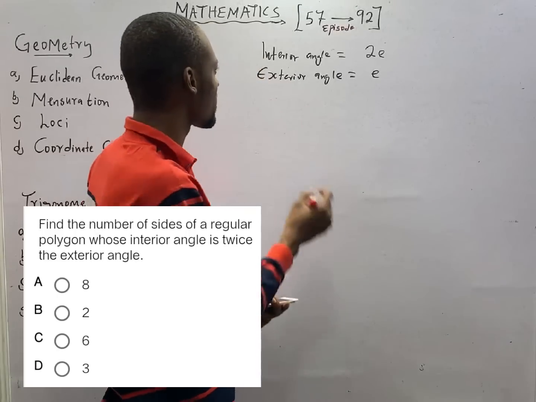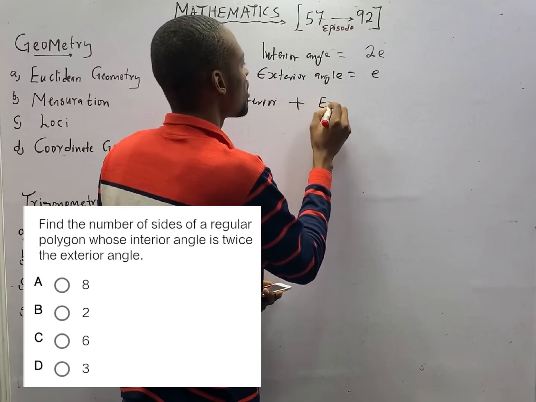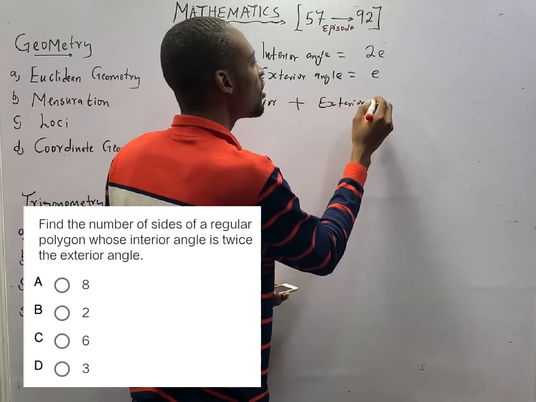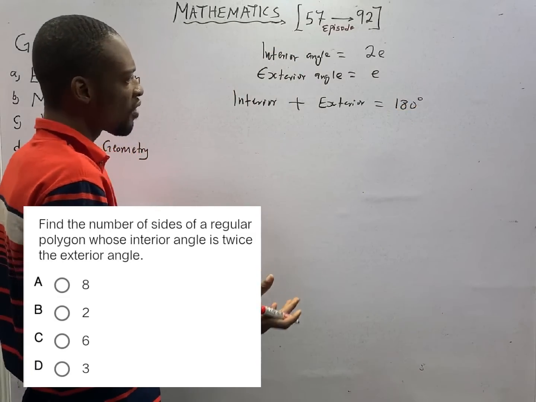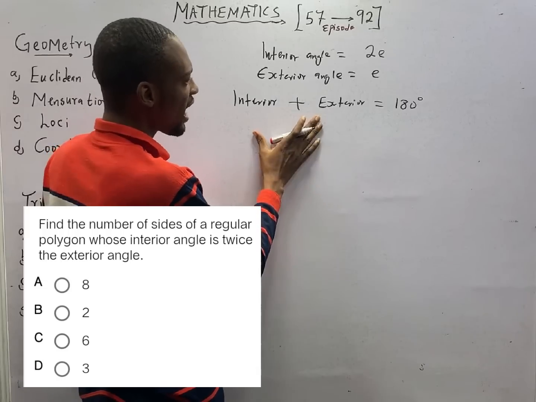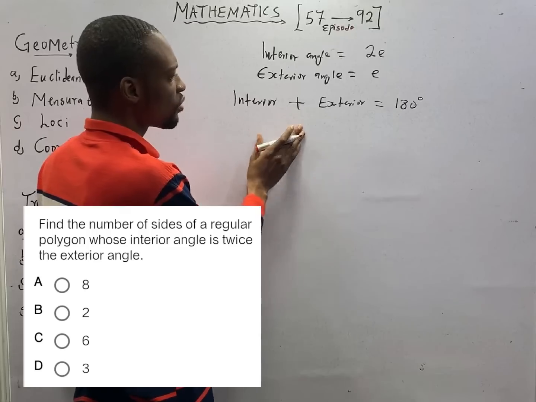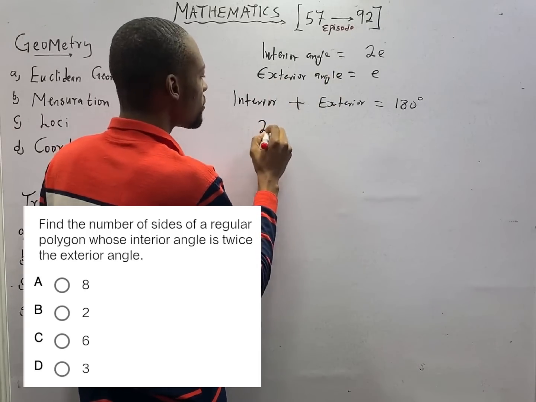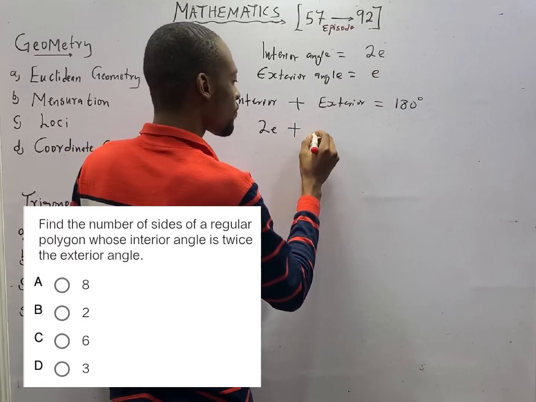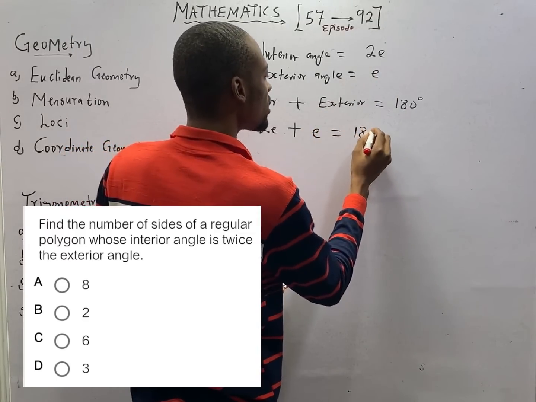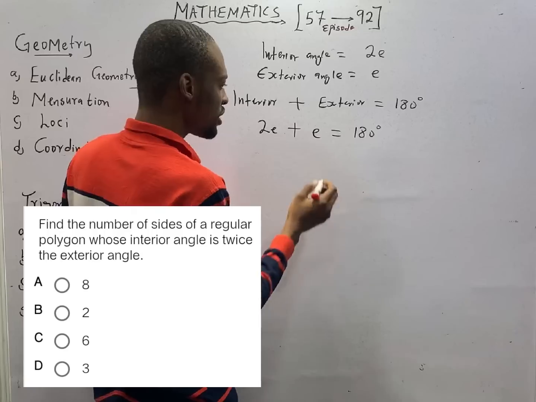Already, we know that interior angle plus exterior angle is equal to 180 degrees. Now, the interior angle is 2 times the exterior angle, plus the exterior angle, which we are taking to be E, equals 180 degrees. 2E plus E is 3E.